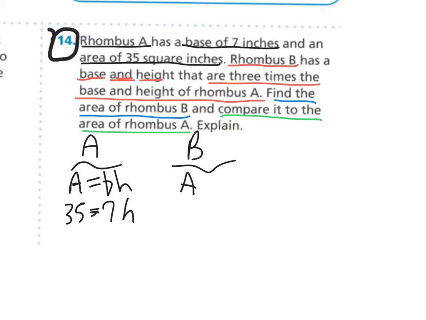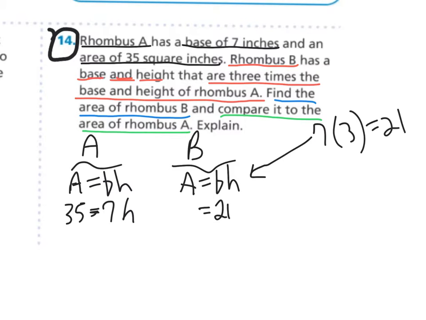If you look at rhombus B, it says the base and height are 3 times the base and height of rhombus A. So that tells me then I am going to have to find that height. I know the base is 3 times what it was in the other one. So the other one, it was 7. So 3 times that would make our base on B equal to 21.